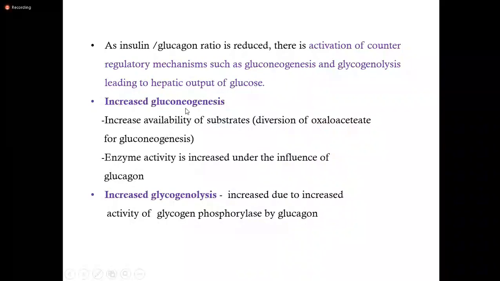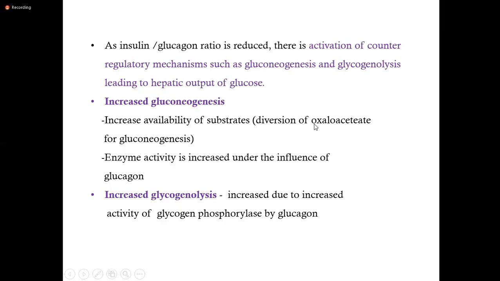So how does this gluconeogenesis get increased? It is basically due to the increased availability of substrate such as oxaloacetate. As we know, in diabetes mellitus, there is suppression of the TCA cycle. Oxaloacetate is a substrate for the TCA cycle.